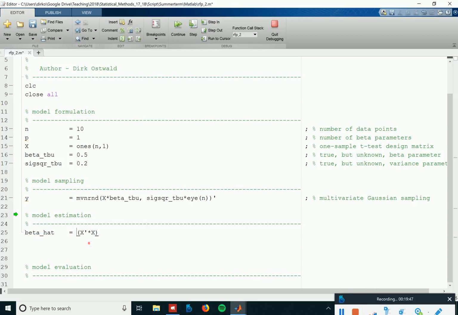Inverse. Well, although MATLAB doesn't like it, but I like it. Okay. And X transpose times the Y. So that's the beta estimate.